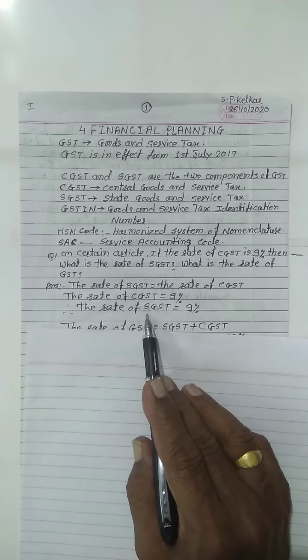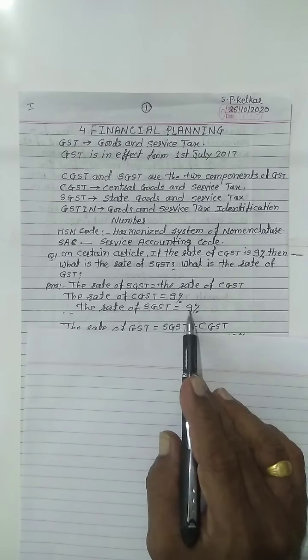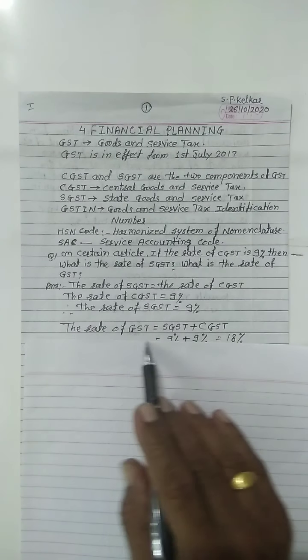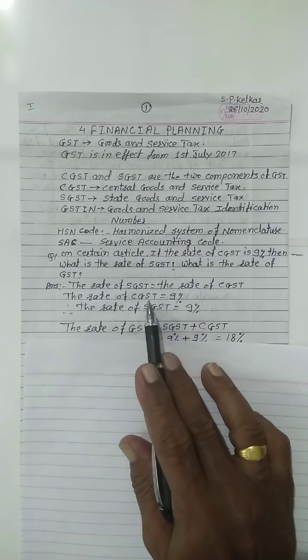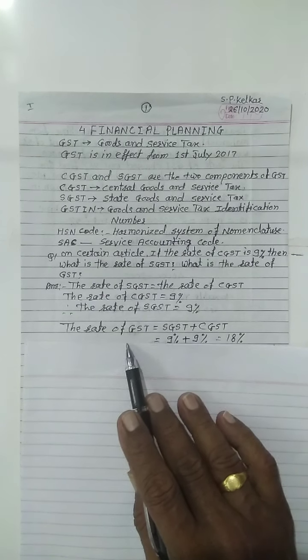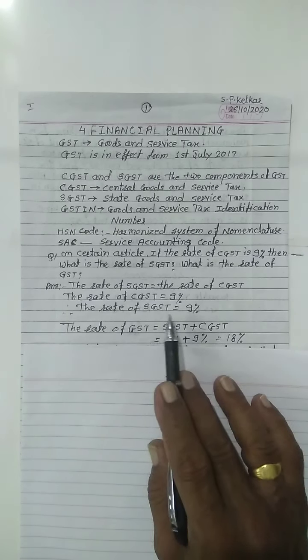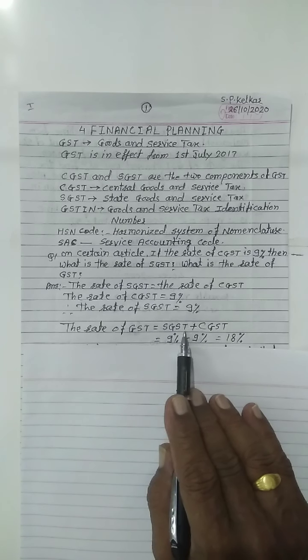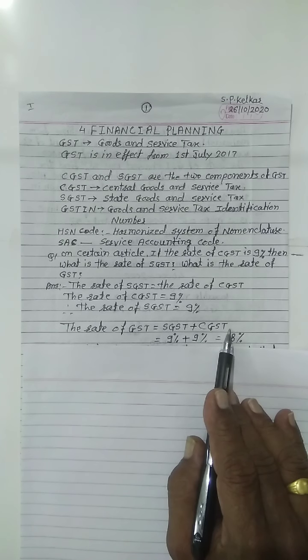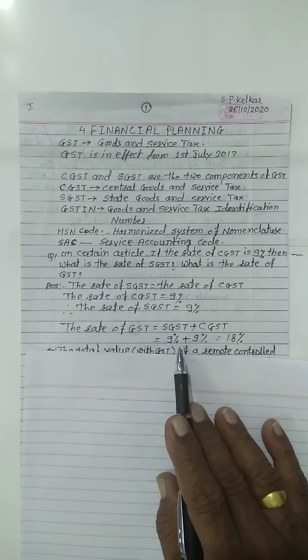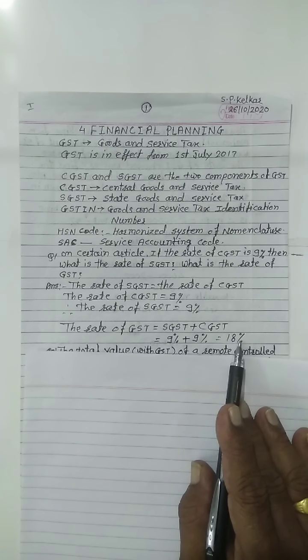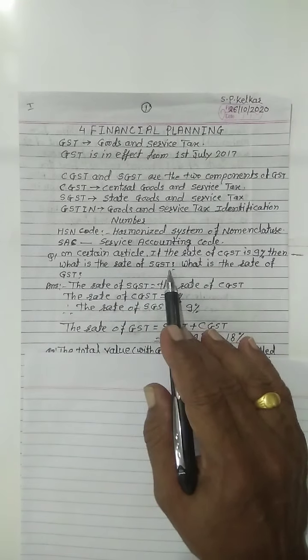CGST equals SGST, so we write 9%. These are the two parts of GST, so the sum of these two gives the GST. Write SGST plus CGST equals 9% plus 9% equals 18%. In this way we find out the GST and also the SGST.